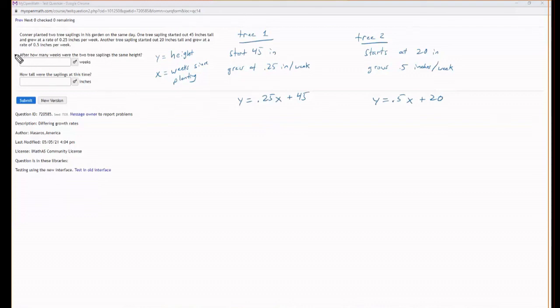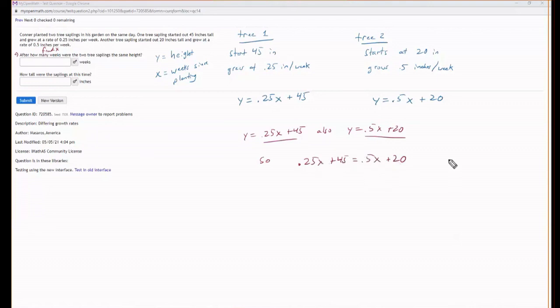Okay, so for this first part, I want to find x, and we have the same y that's equal to 0.25x plus 45, and also y is equal to 0.5x plus 20, so these two things must be equal. So 0.25x plus 45 must be equal to 0.5x plus 20, because both of those represent the height of the tree, and we're saying that the two are the same height.